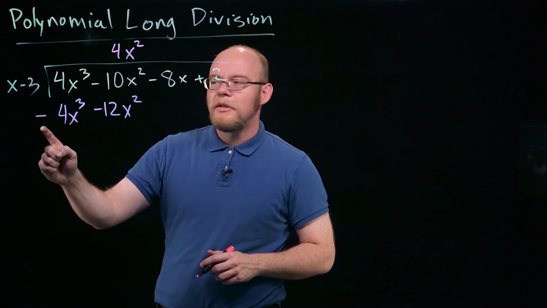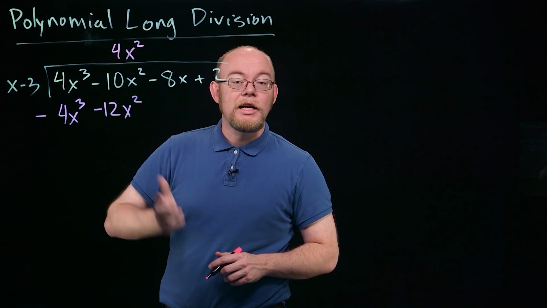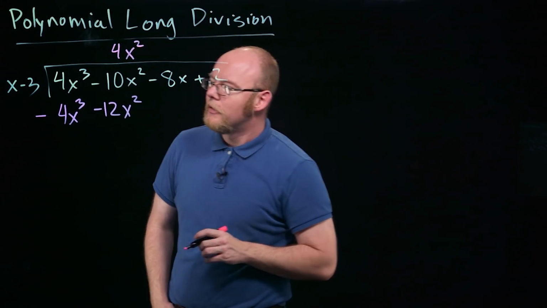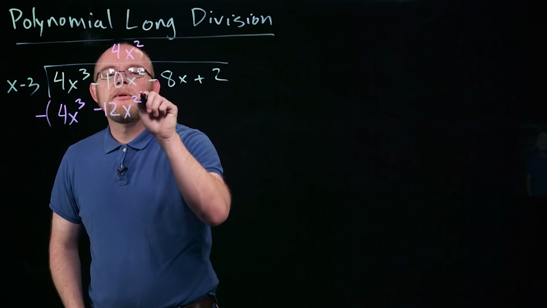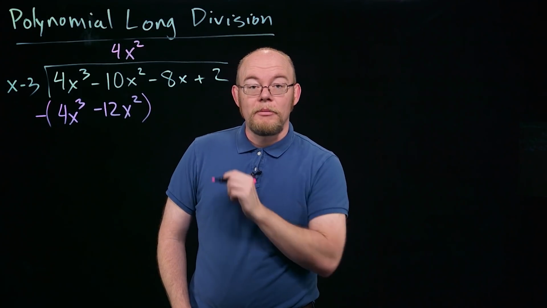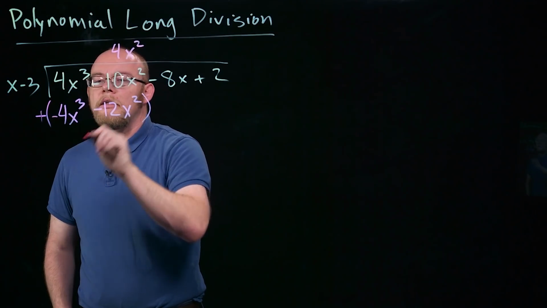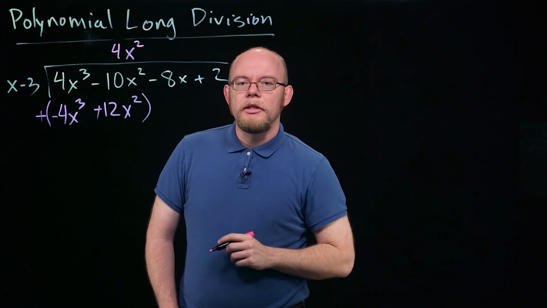If you write the negative here, you won't distribute and you'll make a lot of errors. And sign errors will really get gnarly in a hurry. So what I like to do is put parentheses around that to remind myself I'm subtracting the whole thing. And then when I distribute the negative, I just make sure I distribute it through.